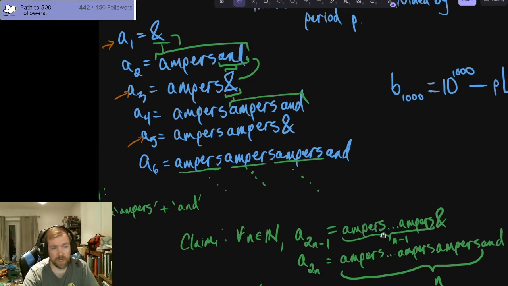In this case, none. n minus 1, n was 1, so therefore there are 0 ampersands followed by the ampersand symbol. Then at 2, we just have the ampersand word, which is 1, which is half of the index that we're on. So again, fair.